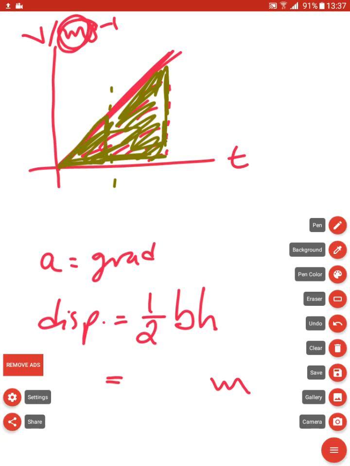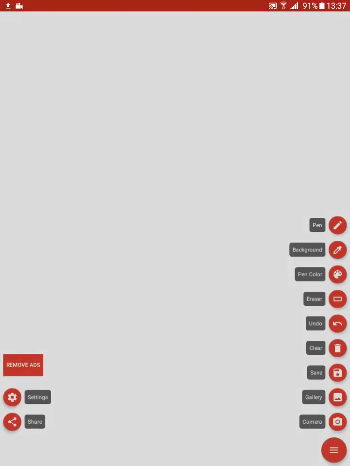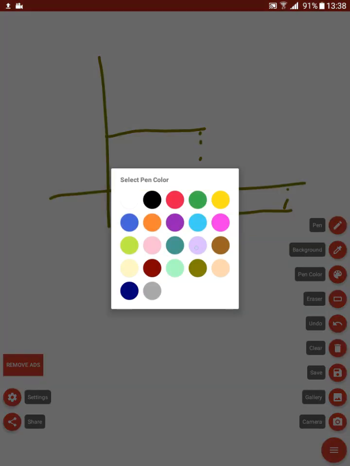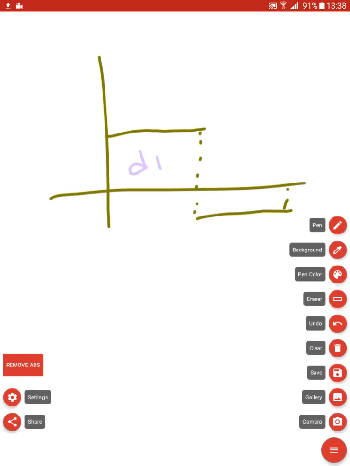Okay. What if the curve starts in the positive part of the axis and then continues in the negative part? So we have displacement 1 and displacement 2.